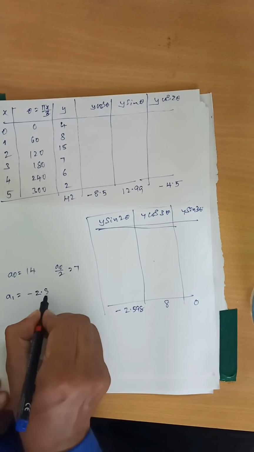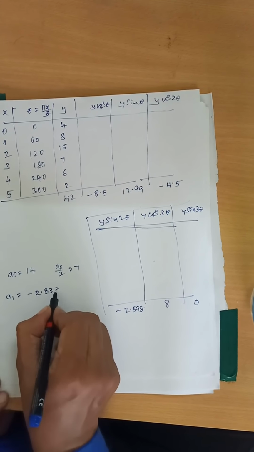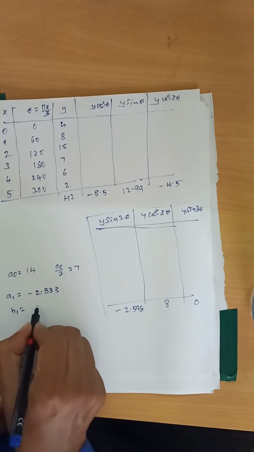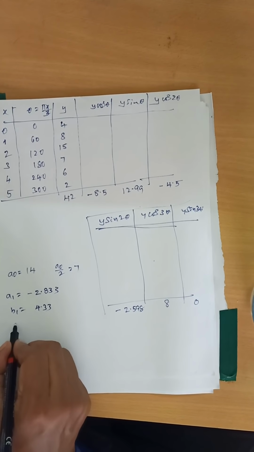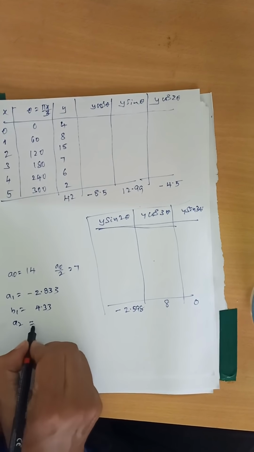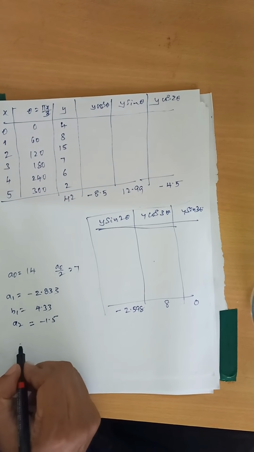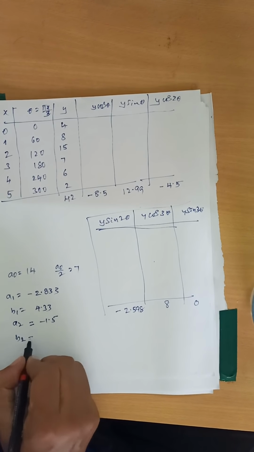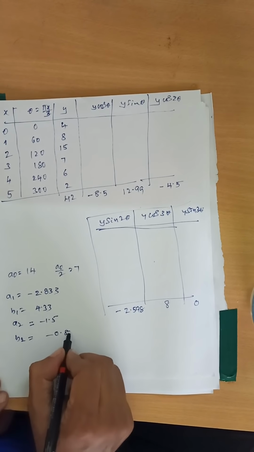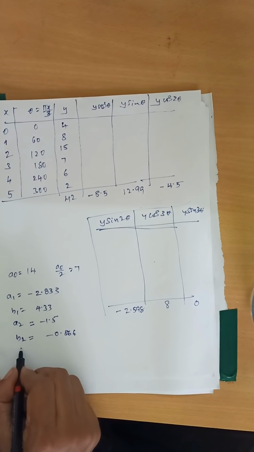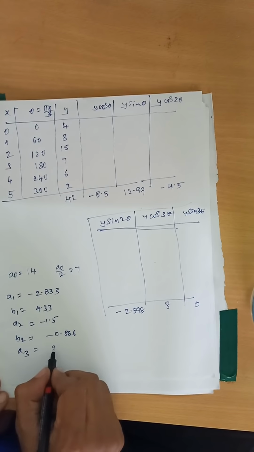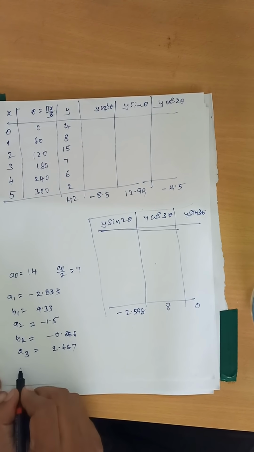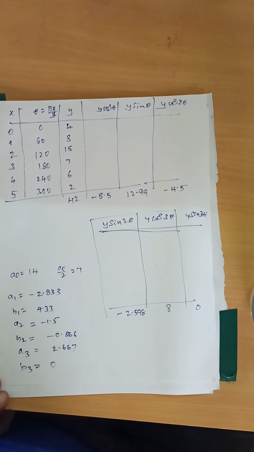Using that, minus 2.833. B1 is 4.33. A2 is minus 1.5. B2 is minus 0.866. A3 is 2.667. B3 is 0.